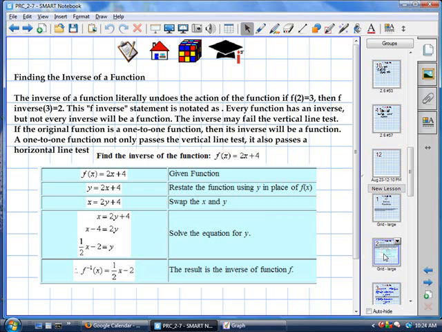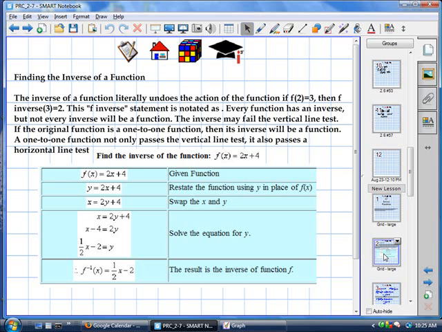Step 1. Put a y in place of the f. y works better for what we're going to do next. So instead of calling it f of x equals 2x plus 4, just call it y equals 2x plus 4. Now here's the inverse part. This is going to seem really strange. Swap the x and the y. Literally trade them.